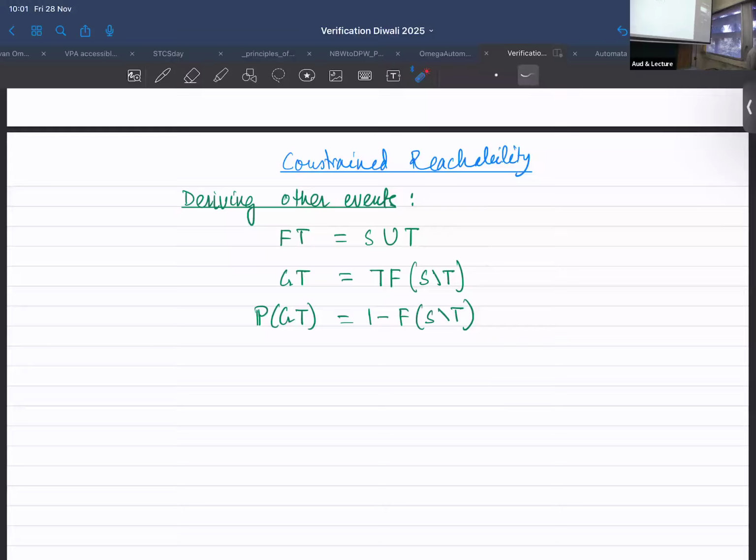Then the probability of globality is 1 minus the probability of this event, eventually something outside.